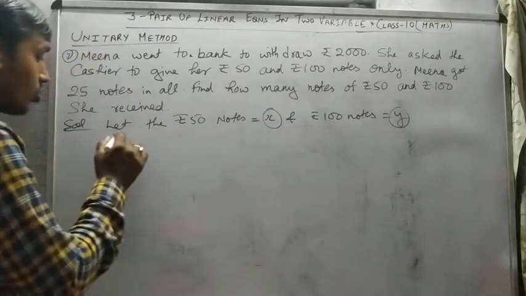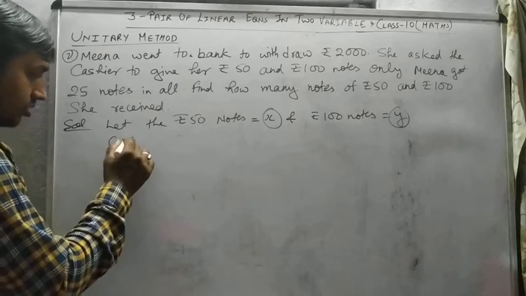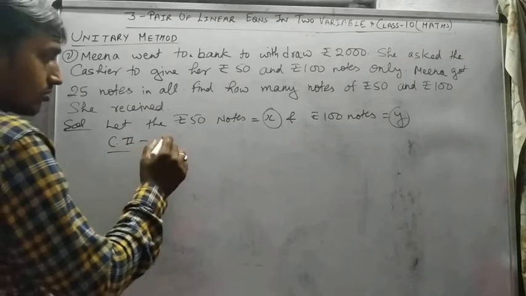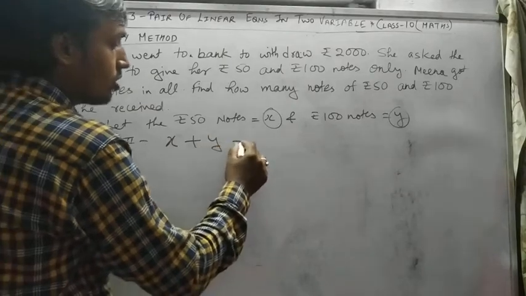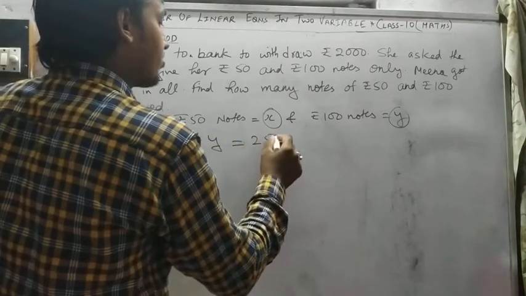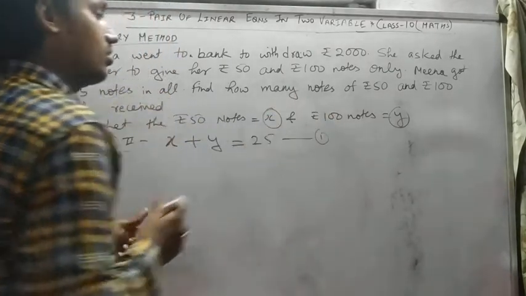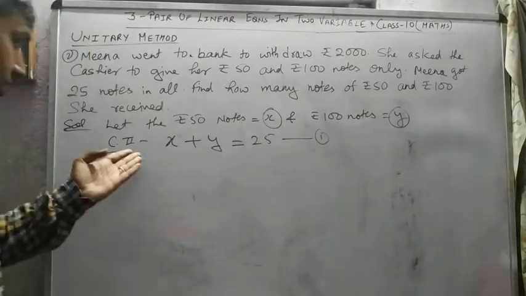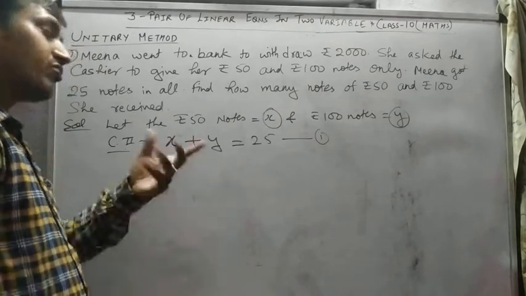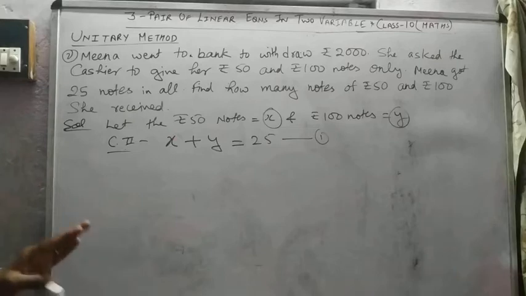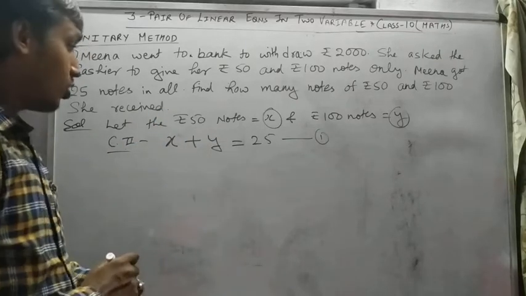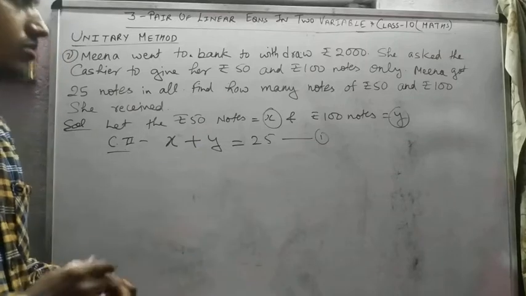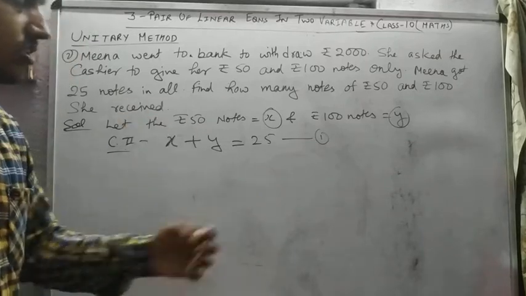Means the count of 50 rupee notes and 100 rupee notes makes 25. It is your choice whether to make case second first or case first. Why do we take case second first? Because it is easier to understand.